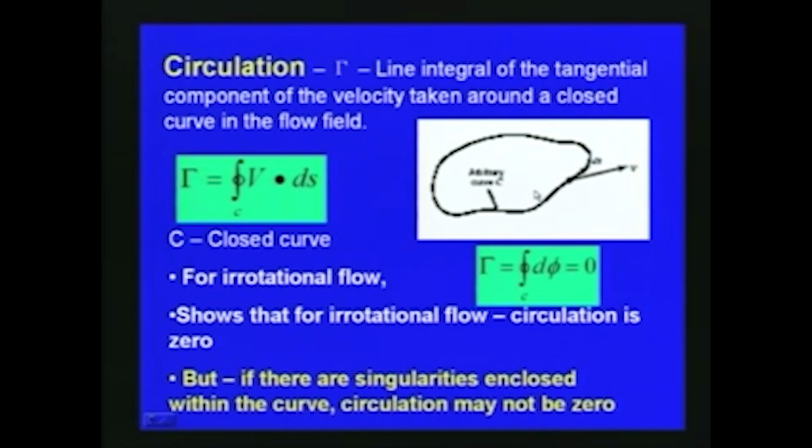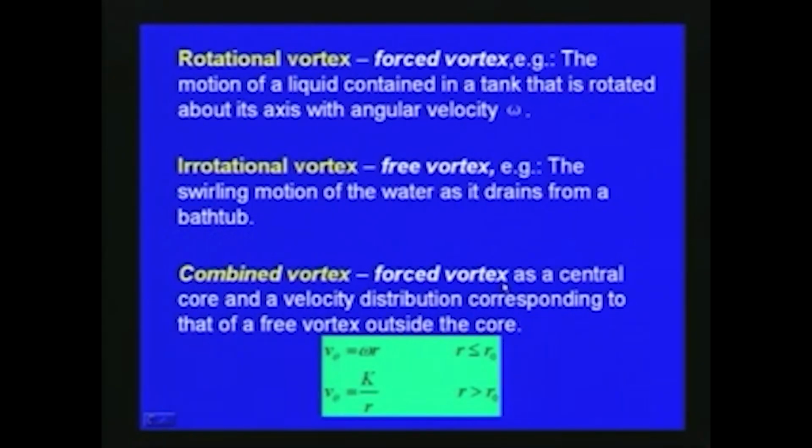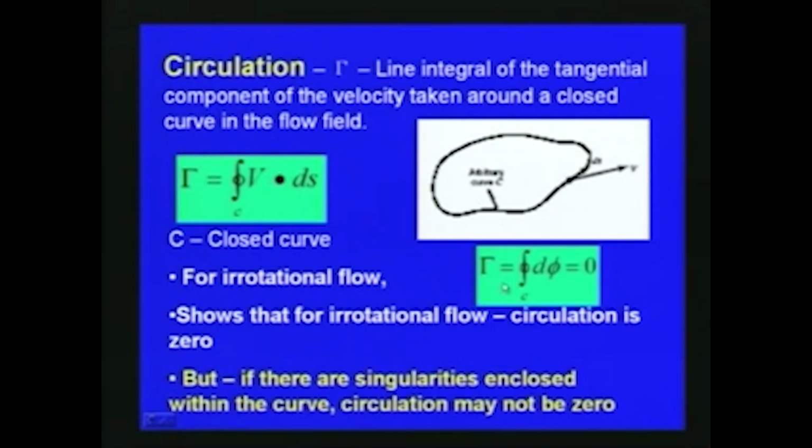For an irrotational vortex also, if there is a singularity within the curve, there is a possibility that circulation may not be 0. But generally, for an irrotational or free vortex, the circulation is equal to 0.